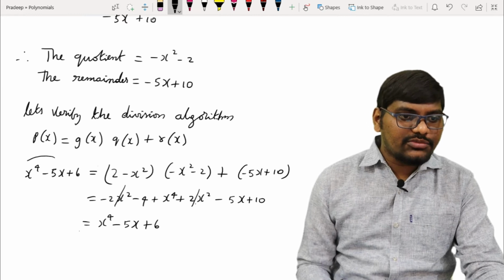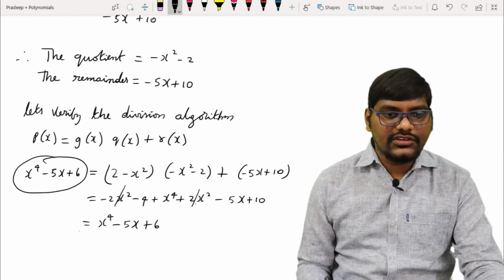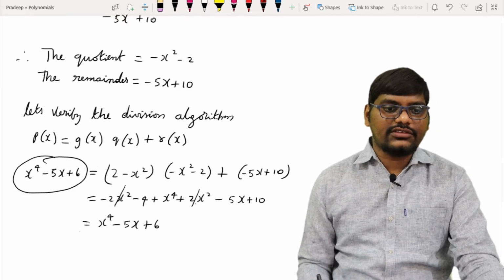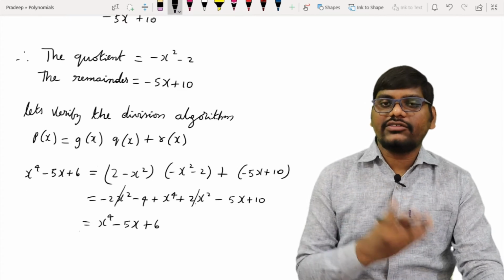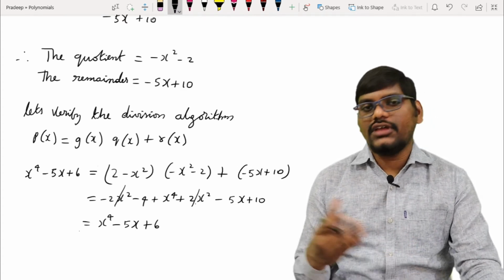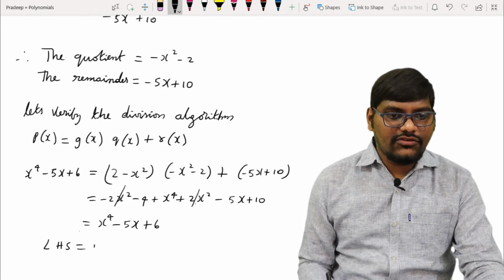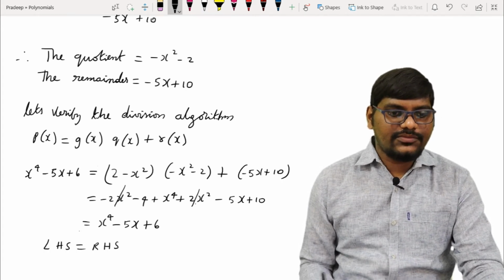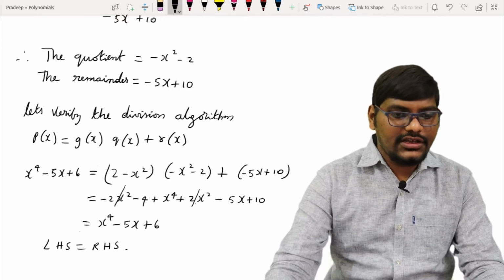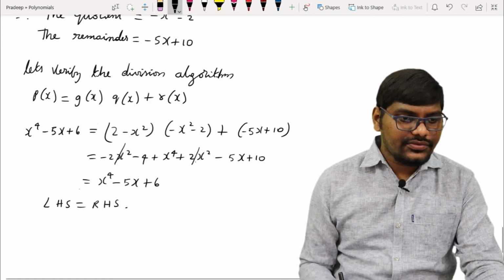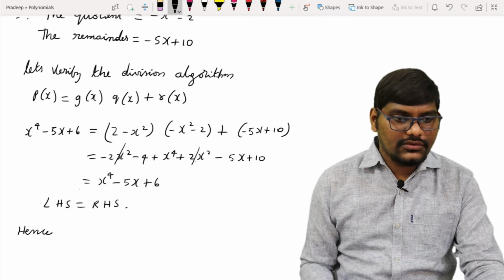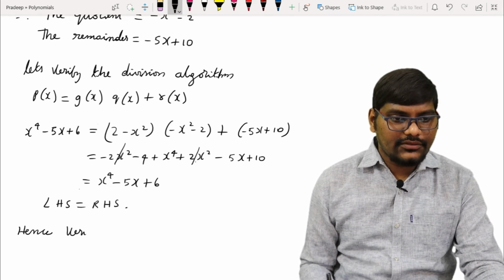See here, x power 4 minus 5x plus 6, this also x power 4 minus 5x plus 6. So we got the left hand side value equivalent to the right hand side. So I can write LHS is equal to RHS. Okay, so I can write, hence verified.